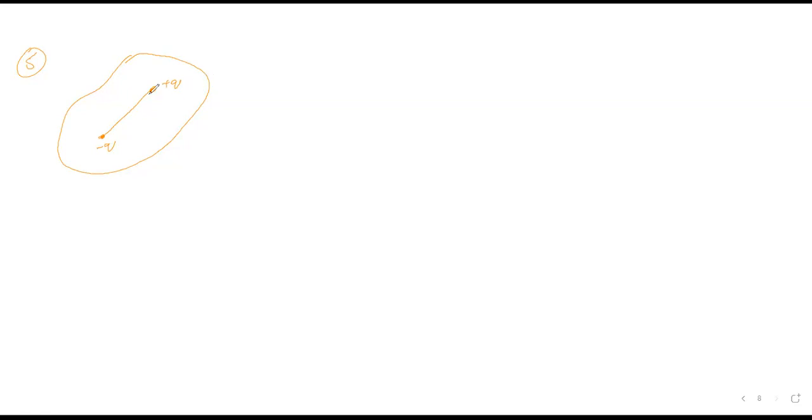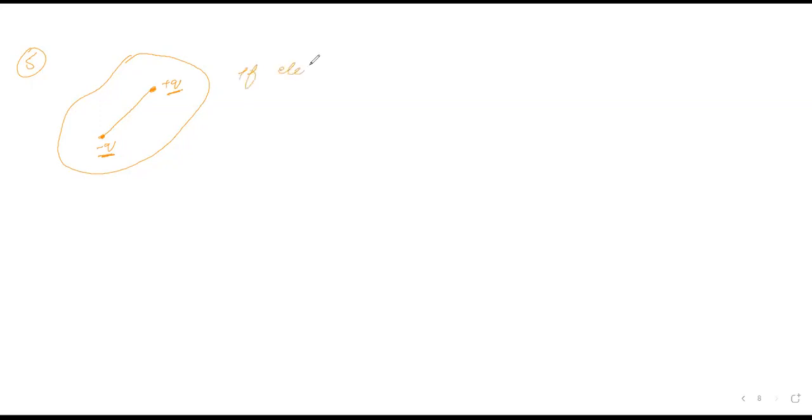So the amount of field lines leaving this surface due to the plus Q charge will be equal to the amount of field lines entering this surface. Are you clear? Hence, we can say the net flux through this area is 0.